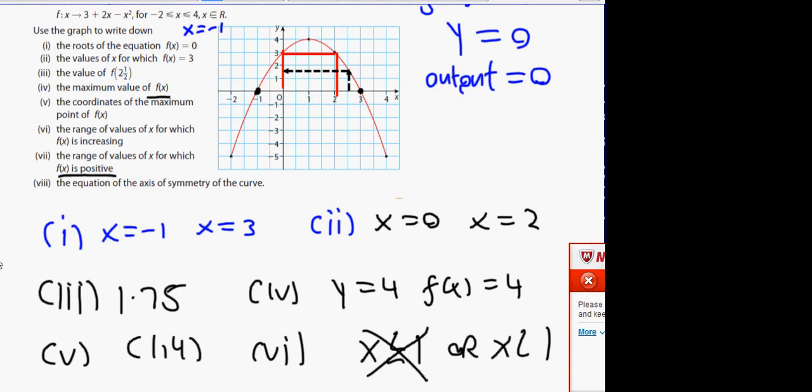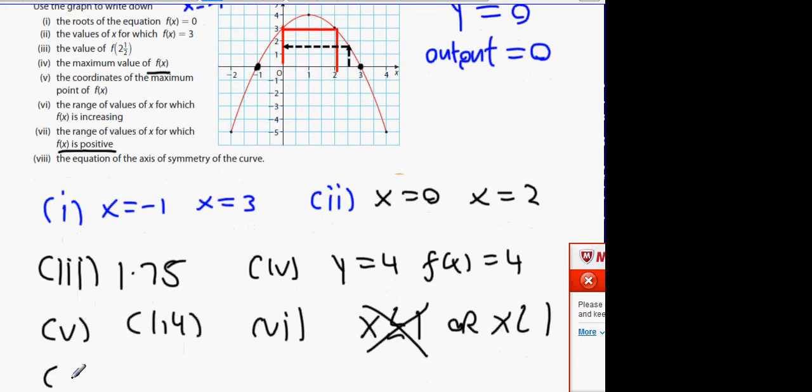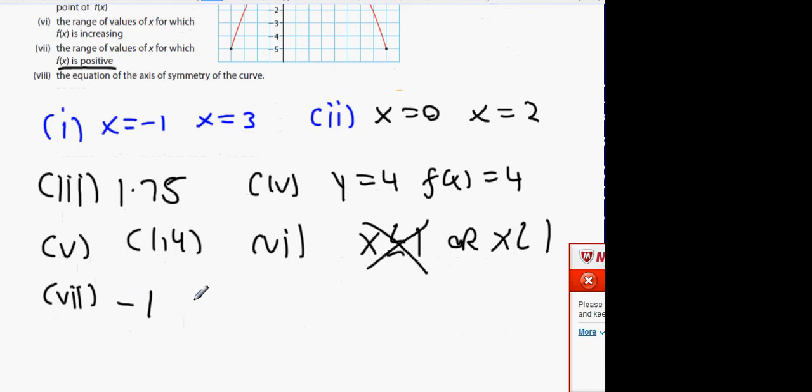So if you were to write this answer in English, what you would tell me is this. You would say in between -1 and where? 3. How do you write that in maths terms? -1 is smaller than x. X is smaller than 3.